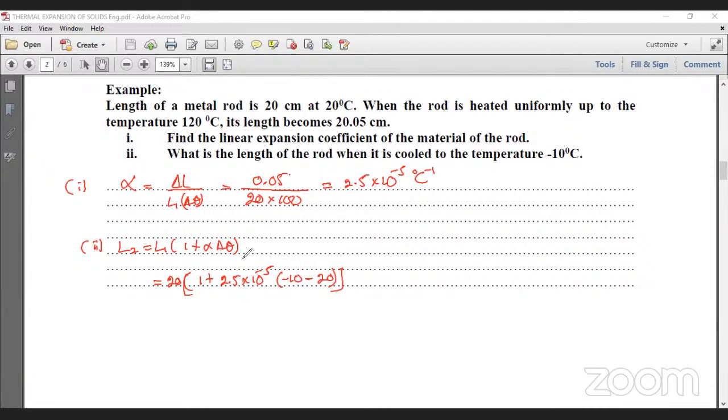If the temperature decreases, the length does not increase, it decreases. So if you substitute in the proper way, you get a negative value. This is 1 minus 7.5 times 10 to the minus 4.